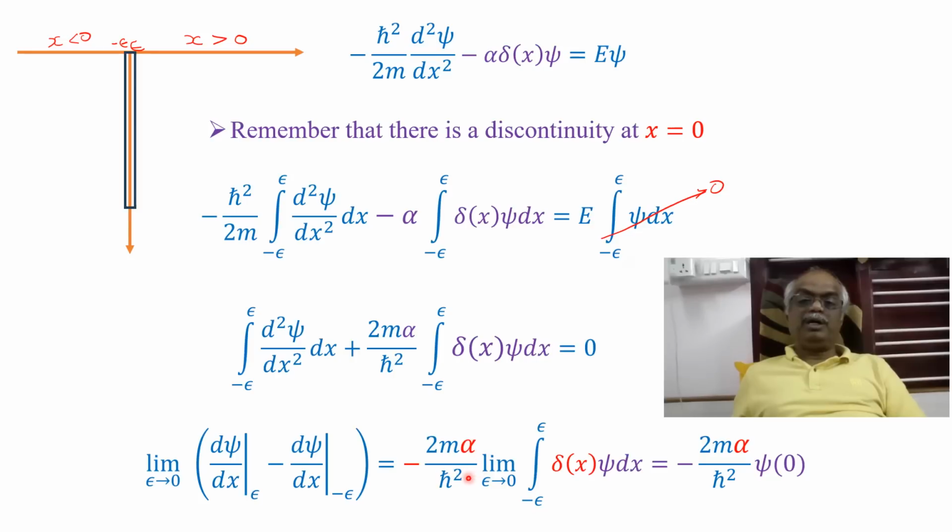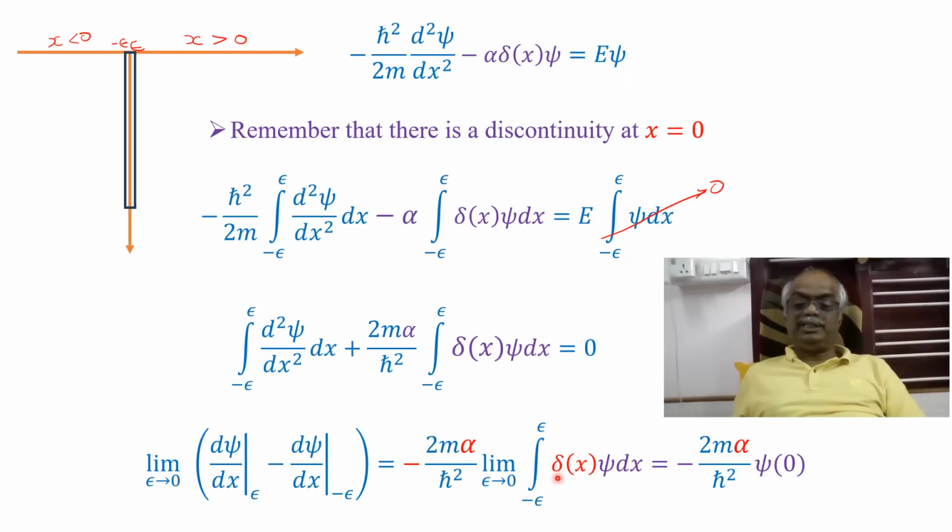2m alpha over h cross squared, and this integral, limit epsilon tends to 0, of the delta function delta x psi of x, of course psi is a function of x. So this integral exists only when x is equal to 0. Under all other conditions, it will be 0. So for non-zero values, it is 0.